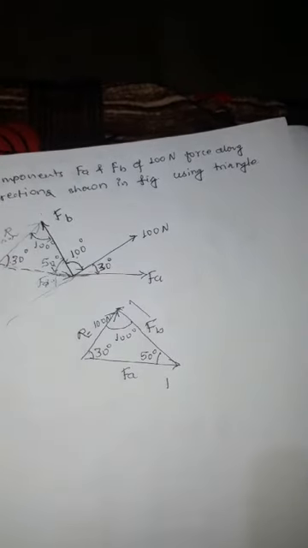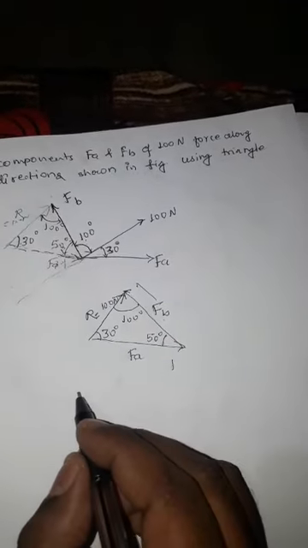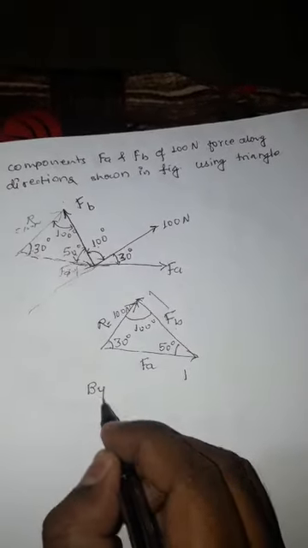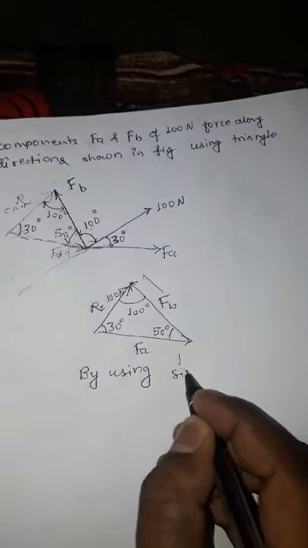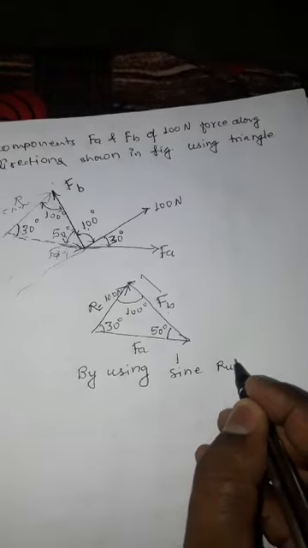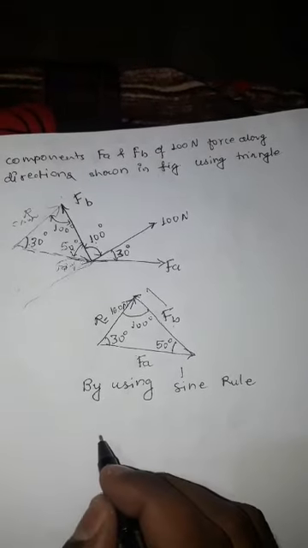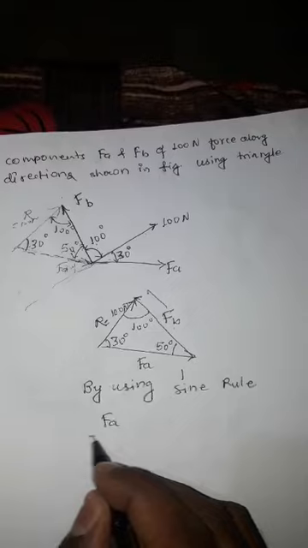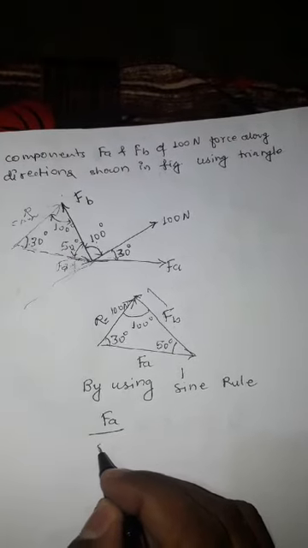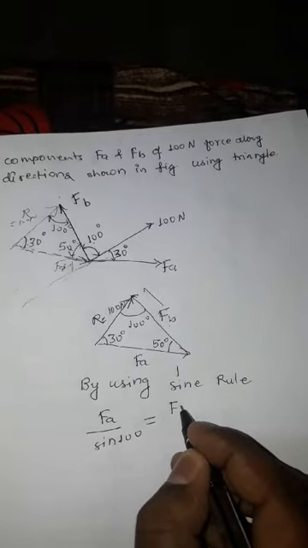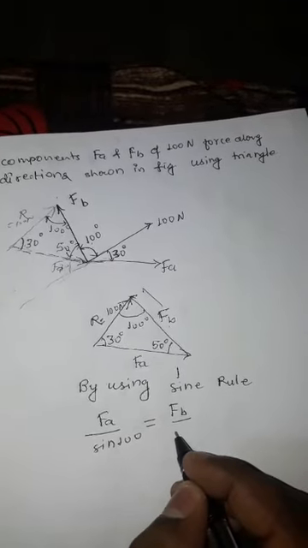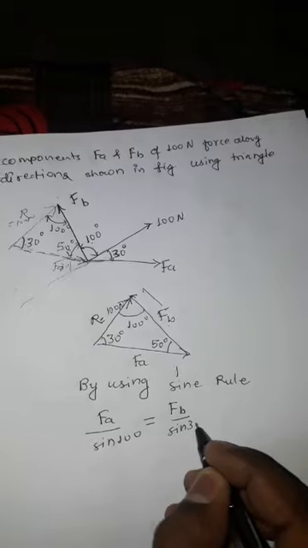Now in that case I have to calculate Fa and Fb. The R value I already know, so I am just using the sine rule. By using the sine rule, I am just writing here: Fa over the opposite angle sine 100, equal to Fb over the opposite angle sine 30.